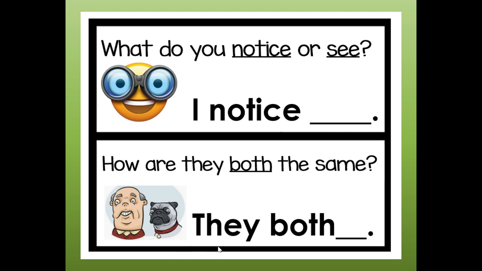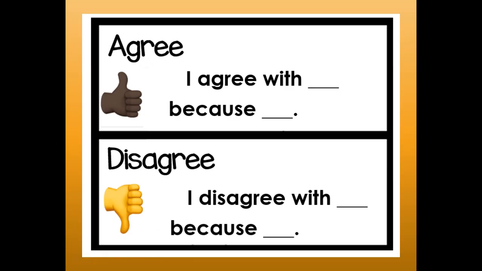And you're going to say, they both, and finish your thought. Also, if you have a partner at home, you can tell them that you agree with them by saying, I agree with you because, and finish, or whether you disagree with them, I disagree with you because, and finish your thought.